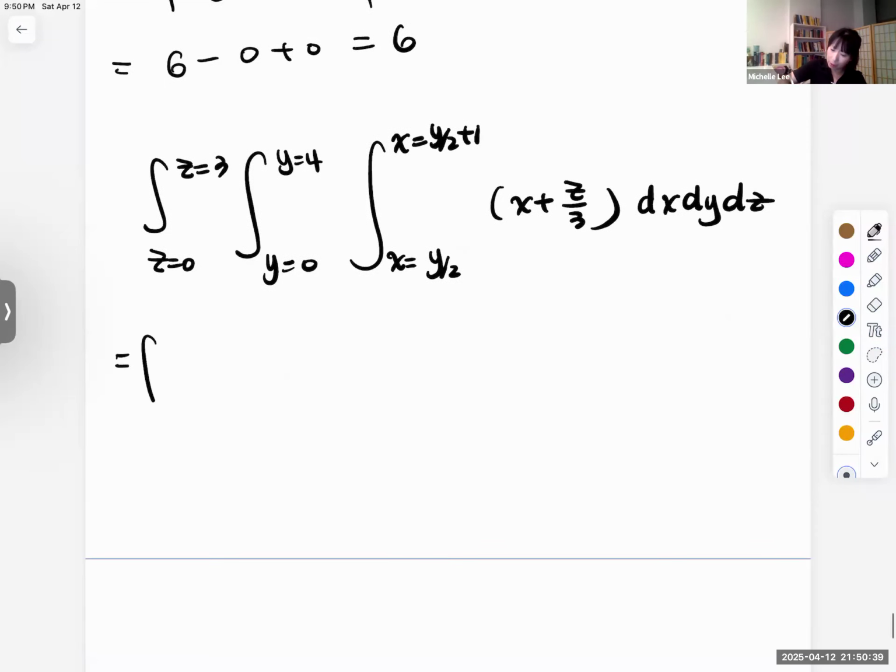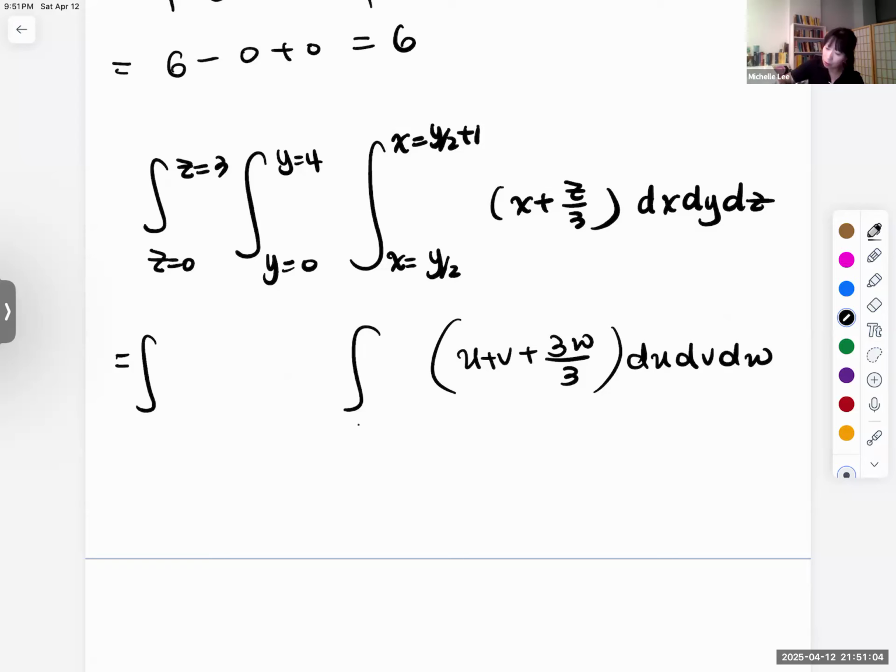Okay, so we change it to the limit too. So let me write down this one first before I forget. u plus v plus 3w over 3 there, right? And then we want to integrate with respect to u, with respect to v, with respect to w, right? So the first one is u equal to 0 to 1.